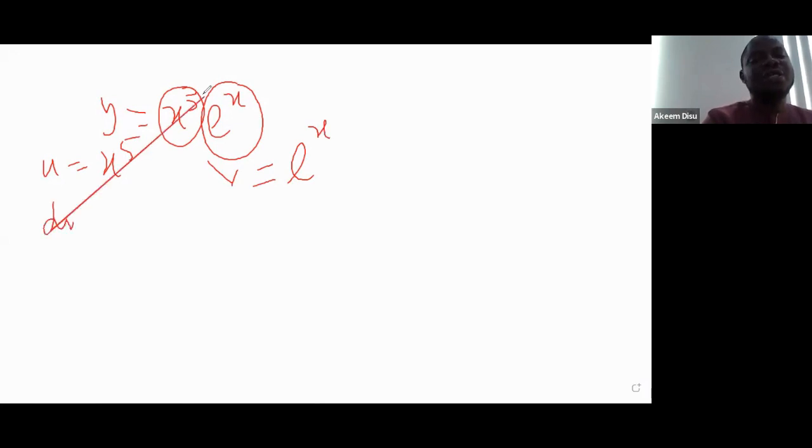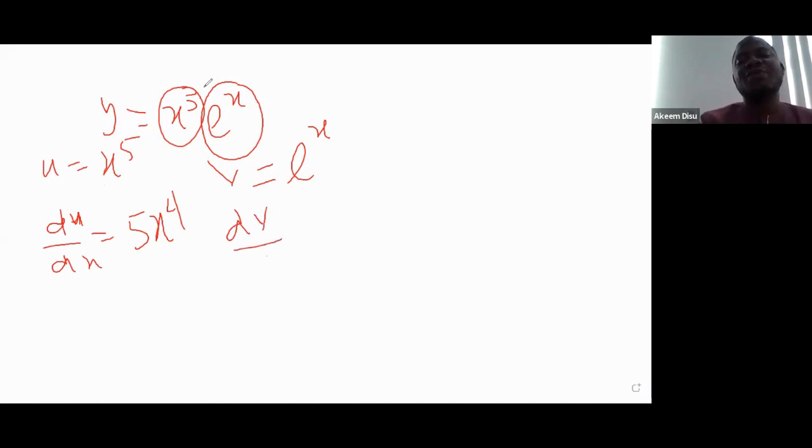Then du/dx will give you what? Which will give you 5x raised to the power 4. When we differentiate exponential x, we are going to have exponential x back.